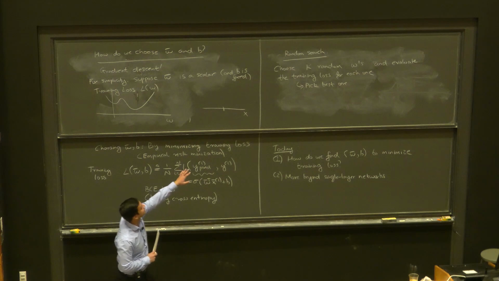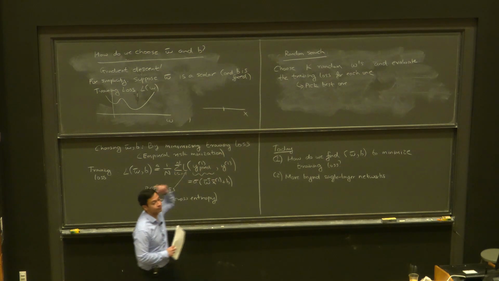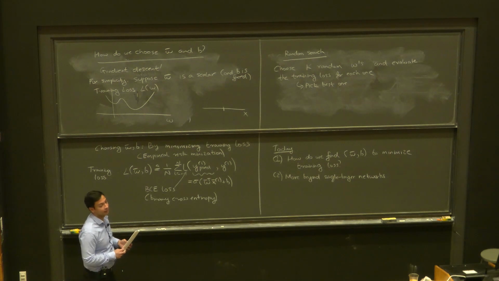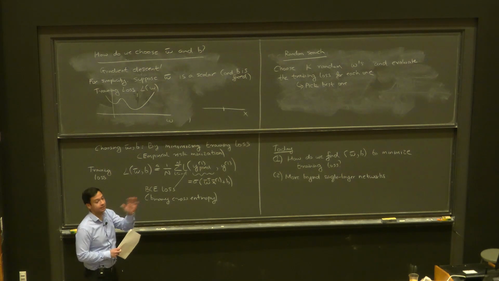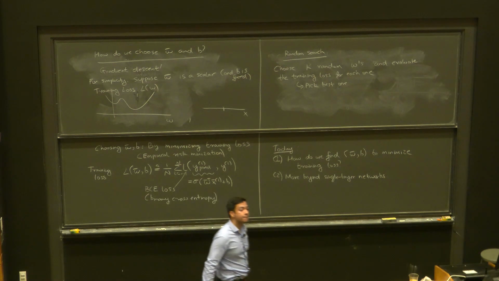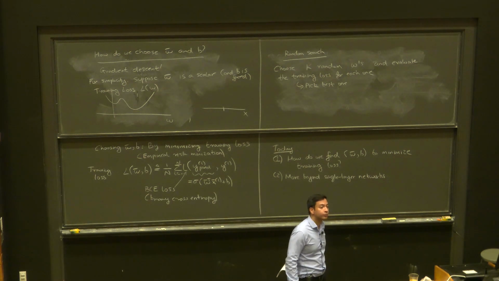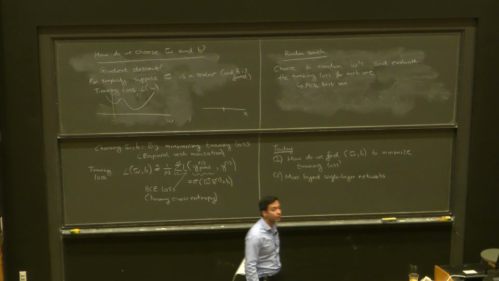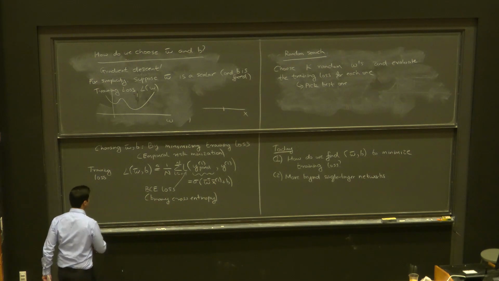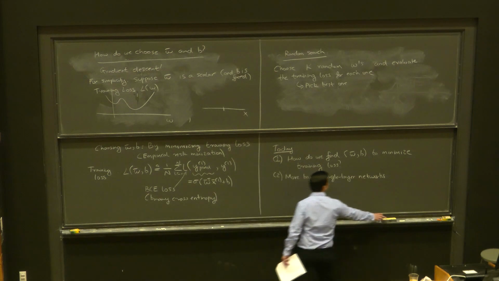So randomly sampling a bunch of points you can do in a higher dimension as well, as opposed to having to discretize each dimension. Question? Is random search good for multi-dimensional cases? Exactly. Yeah, that's the point I was going to make.